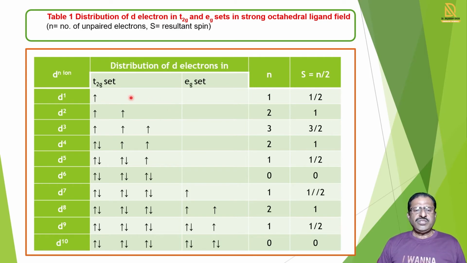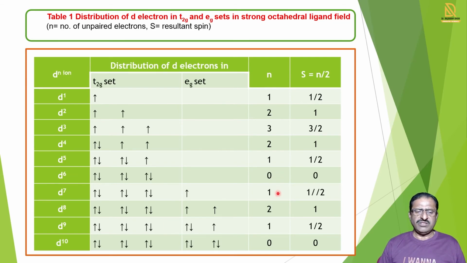Now we see how many electrons are unpaired. Here n means the number of unpaired electrons, and it is given for d1 to d10. In d1, one unpaired electron is present. In d2, two. In d3, three. In d4, two. In d5, one. In d6, no unpaired electrons, zero. In d7, one. In d8, two. In d9, one. In d10, zero unpaired electrons.